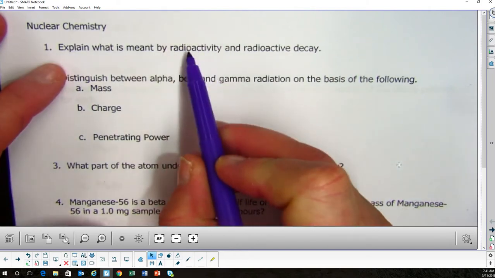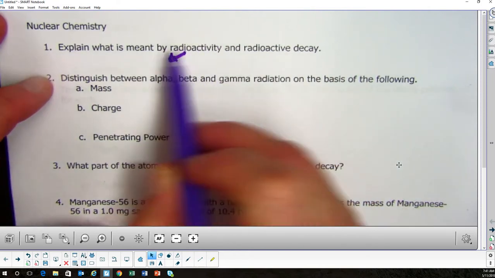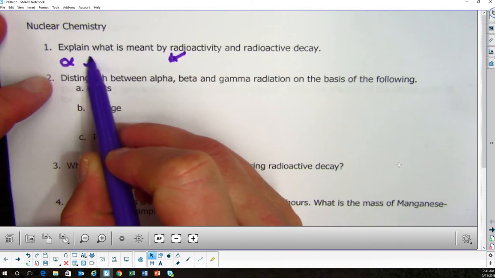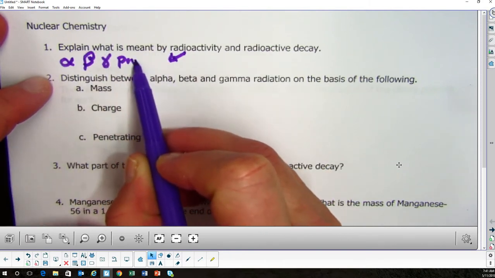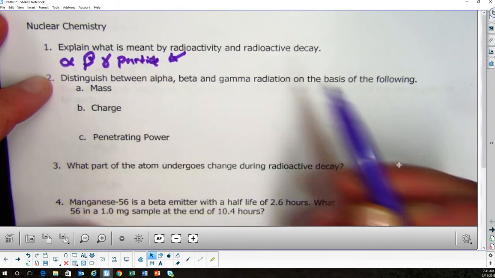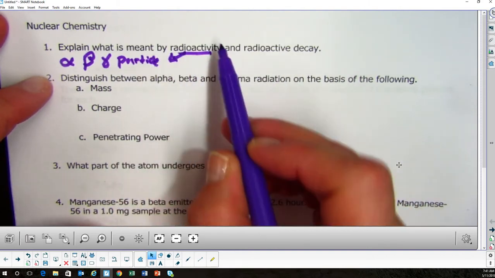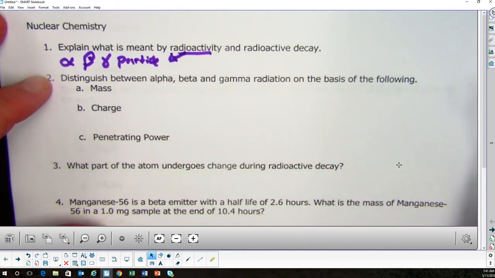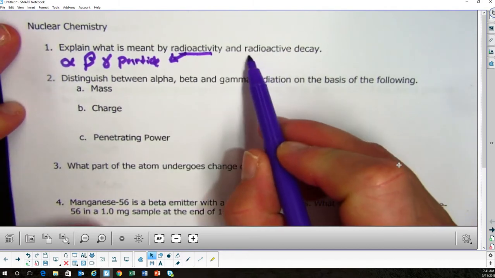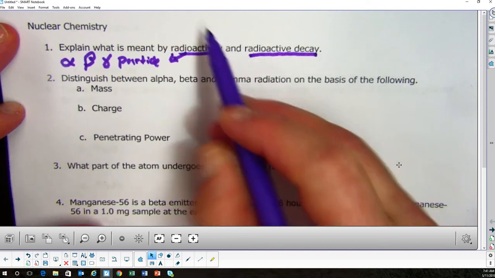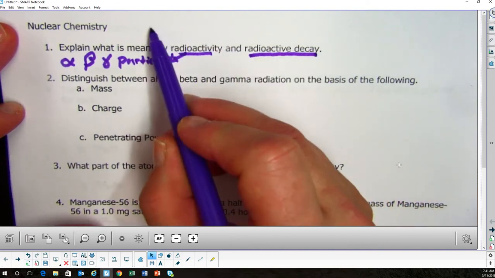So radioactivity means that I'm either going to get alpha or beta or gamma or some kind of particle off. Radioactivity means I'm going to somehow have some particle coming off. Radioactivity can also mean I'm bombarding.